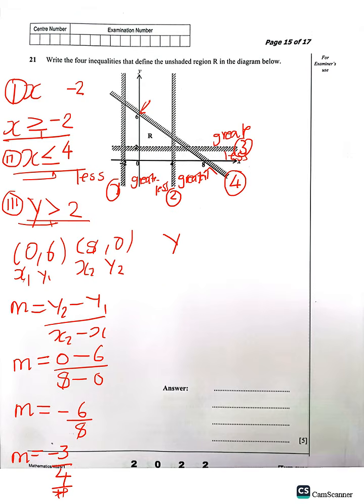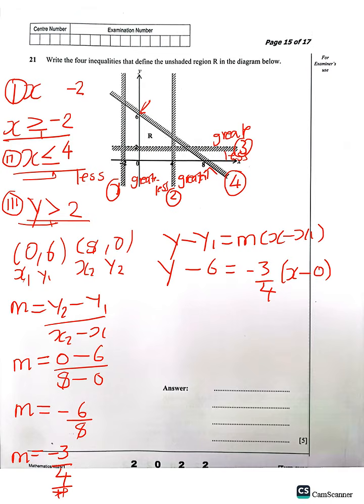So now the equation formula: y minus y1 is equal to gradient, open bracket, x minus x1. So our y1 is 6, gradient is negative 3 over 4, x minus x1, x1 is 0.